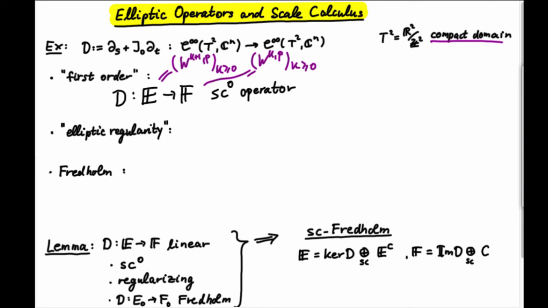If I restrict D to each one of these, it's a continuous map, but for linear operators this means it's a bounded operator on each scale. And first order here means really this F here is secretly E^1.